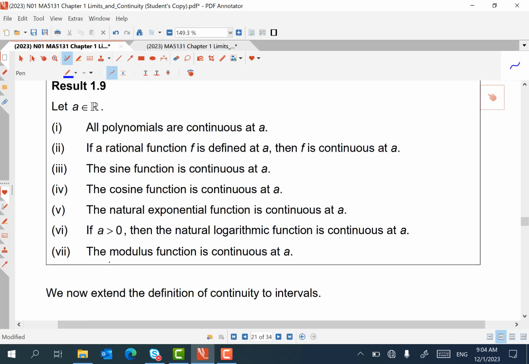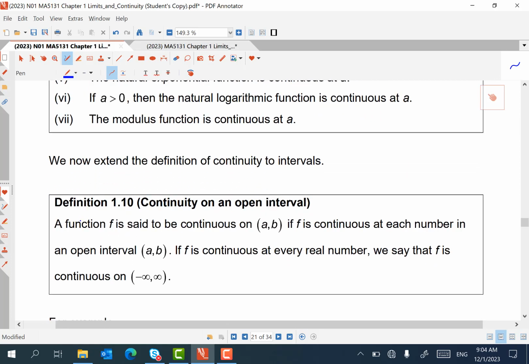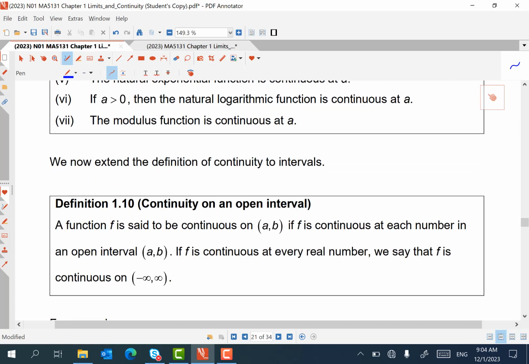Now let's move on to this. These are very wordy definitions. Continuity on an open interval: it means it is continuous at every point on the interval.